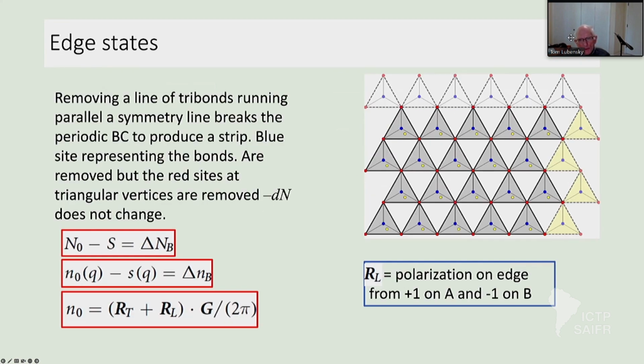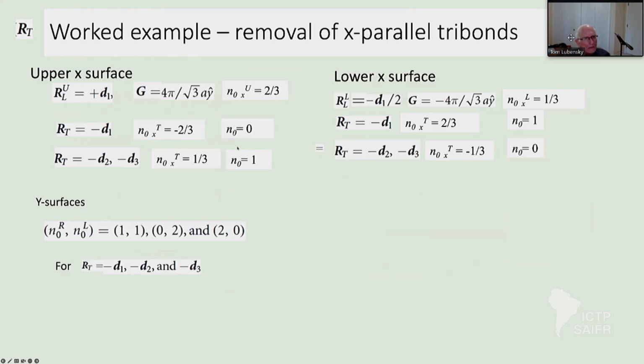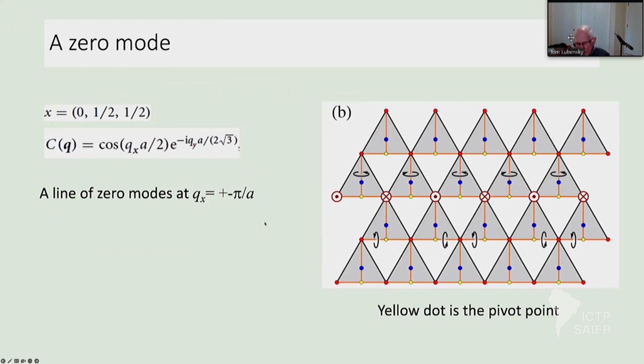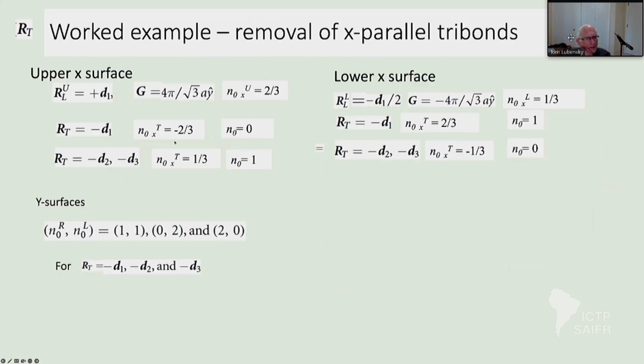Yeah, you can see that we have D1 is like this, and we have a D1 upward and a minus D2, D3 downwards, and what that does is to give me plus D1 dotted into this, and that gives me 1/3, which then tells me that the contribution to the total charge is 1/3.